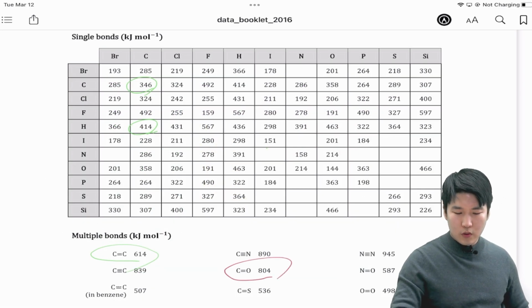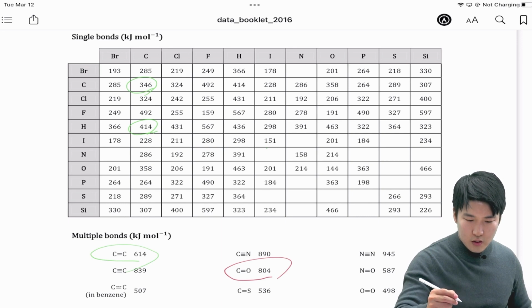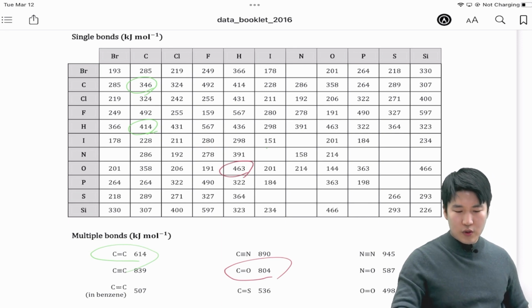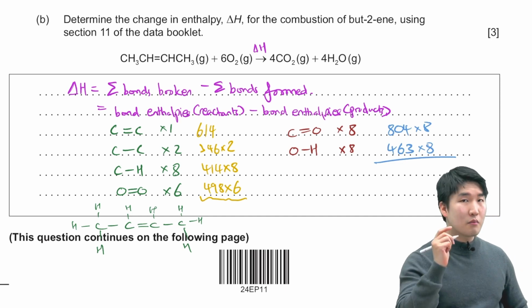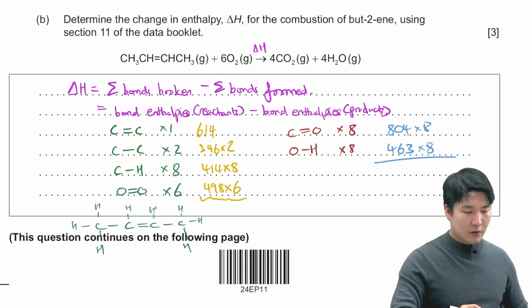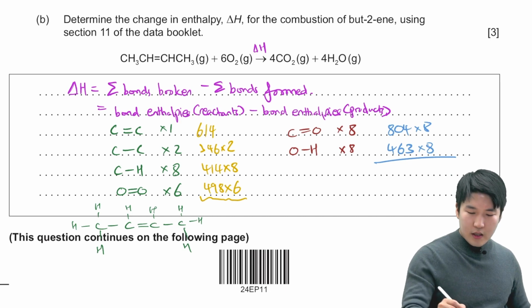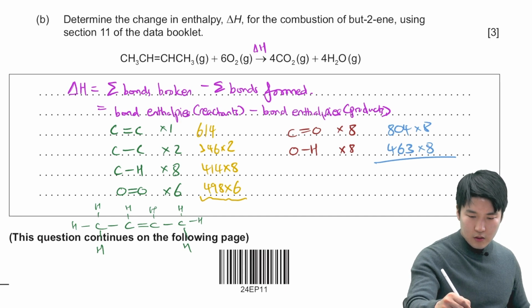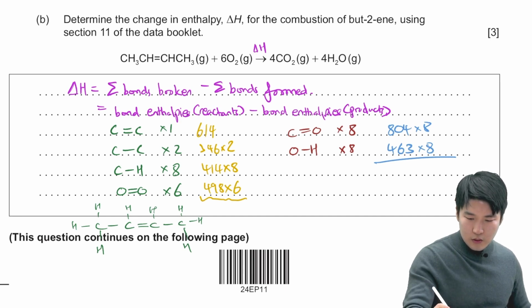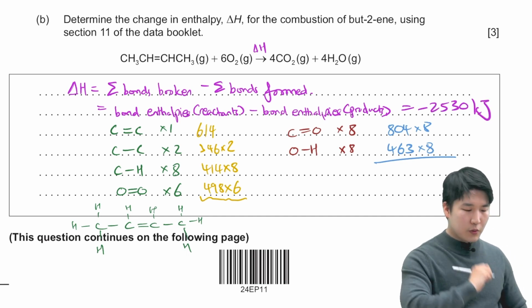C=O is 804, while OH has 463. 804 times 8, 463 times 8 would give us the product bond enthalpy value. Let's do the math, and we will end up with the delta H becoming minus 2530 kilojoules.